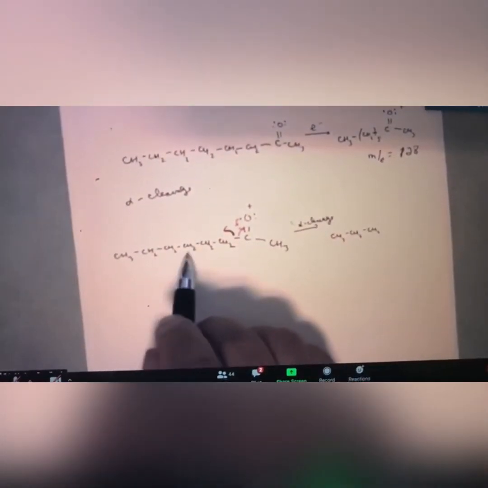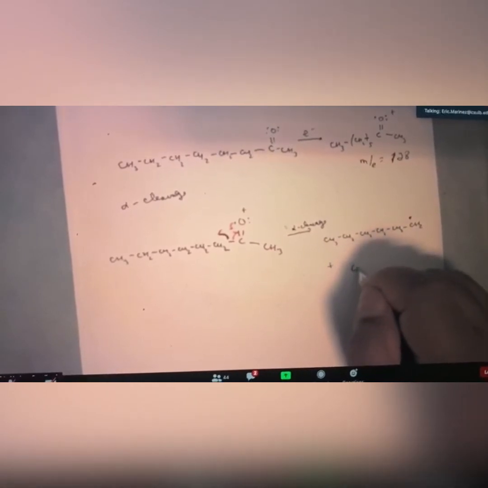And that gives me, let's see, CH3, CH2, CH2, 1, 2, 3, 4, 1, 2, 3, 4, 5, plus a methyl. Let me draw it this way.